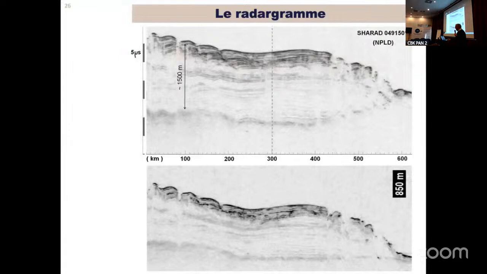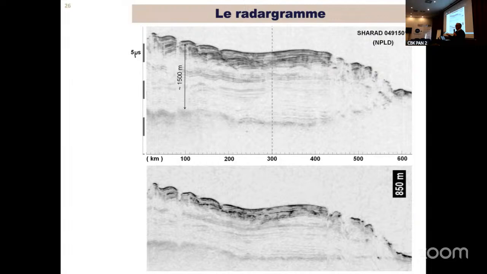Here there are some measurements of the north polar cap. You can see that these are the Charlotte measurements. You can see that we penetrate here up to 1.5 kilometers. And you see some layers below. And we can have two presentations. One presentation is time, delay time, which we are measuring.